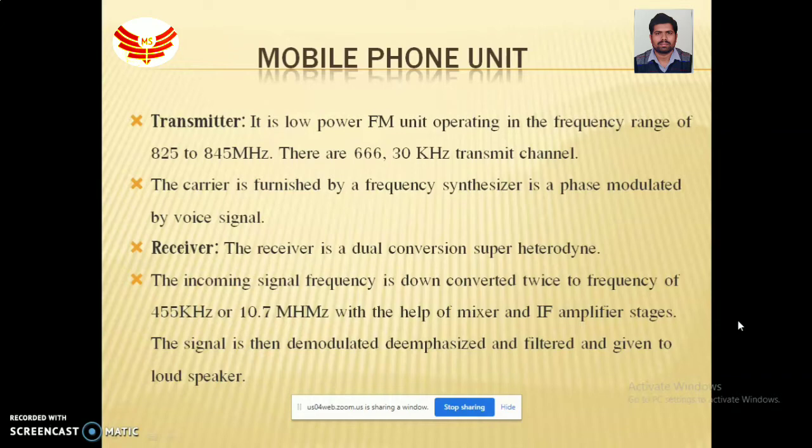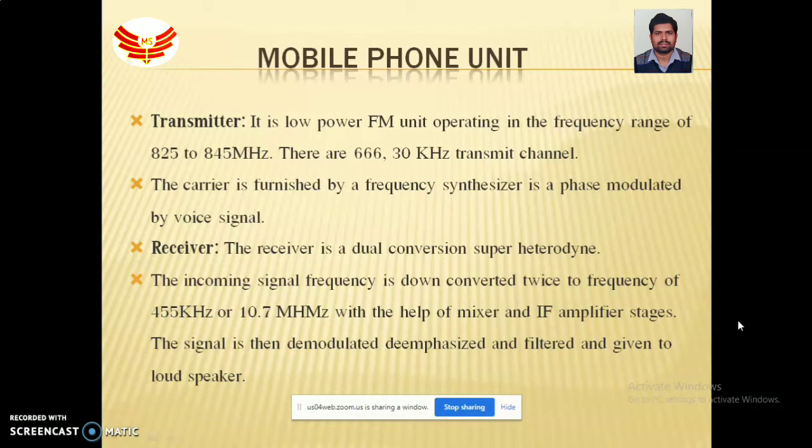The transmitter uses a unit called a duplexer, which isolates the transmitting output from the receiver input. Here the duplexer is also called an isolator because it isolates the signal between the receiver and the transmitter. If a signal is to be transmitted, then the duplexer connects the transmitter output to the antenna and isolates it from the receiver input.